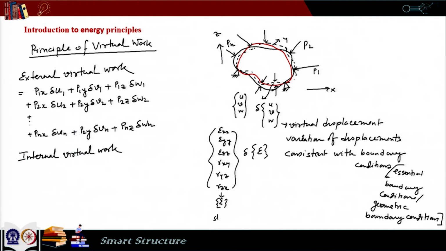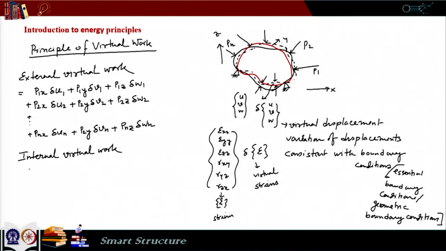So, these are strains which it has in the red configuration, and these are virtual strains which come when it goes from the red configuration to the dotted black configuration.